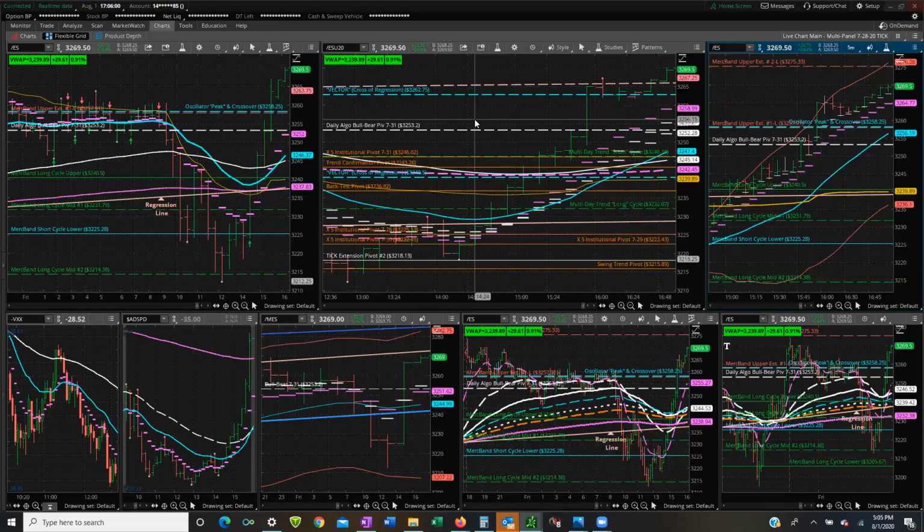Now, if you want to be able to see both live charts at the same time, Zoom won't let you have 2 meetings open at the same time on a free account. So the workaround is if you have 2 separate email addresses, say an Outlook and a Gmail, you just set up 2 different free Zoom accounts with 2 different emails. And now you've got 2 free ones, and you can have them both on your computer.